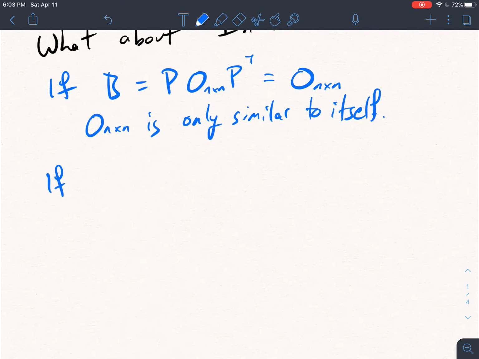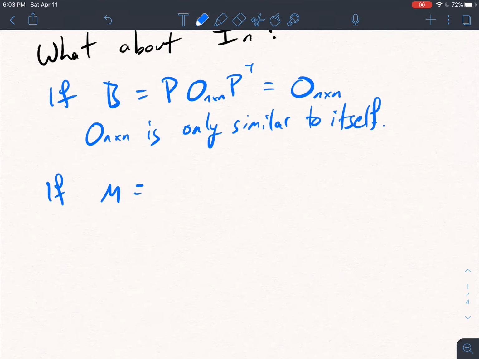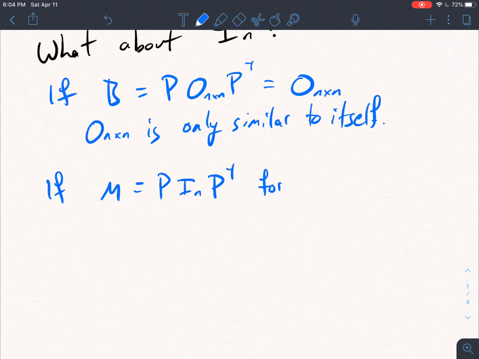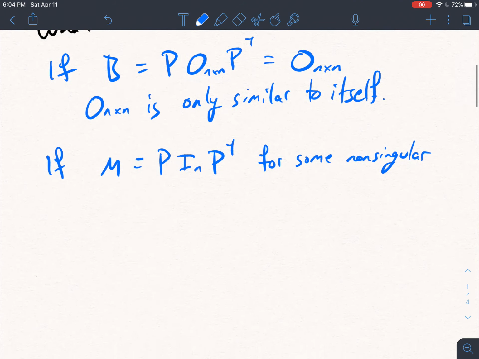Okay. What about the identity matrix? Let me use M for this one. If M is equal to P times the identity times P inverse for some invertible P. I should have written this in the last example, but I didn't. I was sloppy. I'm sorry. Anyway, if I multiply by the identity matrix, I just get back the same thing.